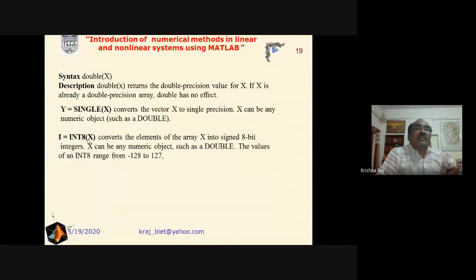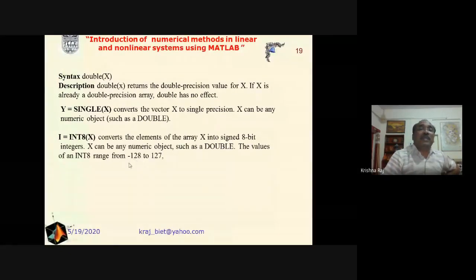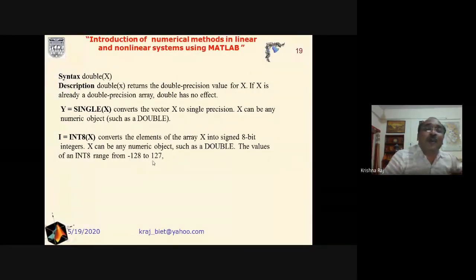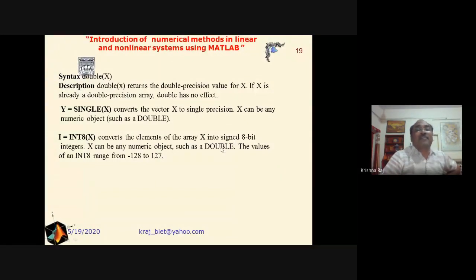INTX, when we write this type of command, means we are using the signed integer of 8 bits, and naturally we can derive the range, and it is a tutorial problem for us to decide how minus 128 to 127 becomes the range in the 8-bit signed representation, and we will discuss it in the next class.